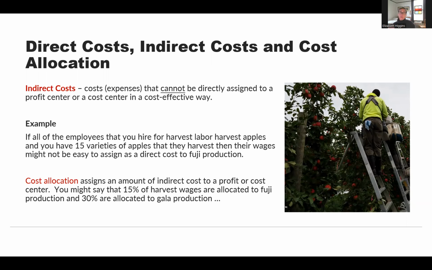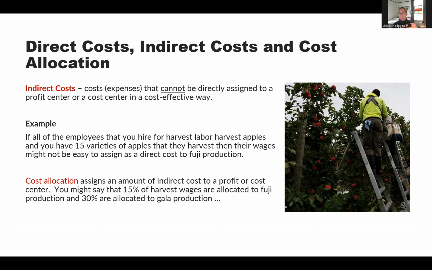The key concept with indirect costs and cost allocation is, the more you spread it out, the more you could be overestimating the costs of one enterprise and underestimating the costs of another enterprise, such that your profit information about that enterprise could be off.